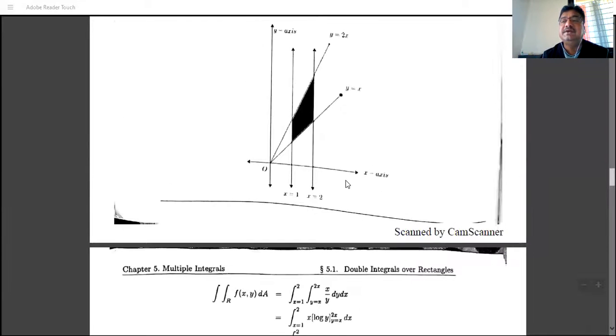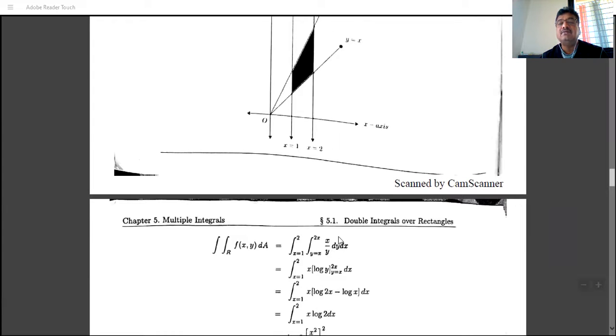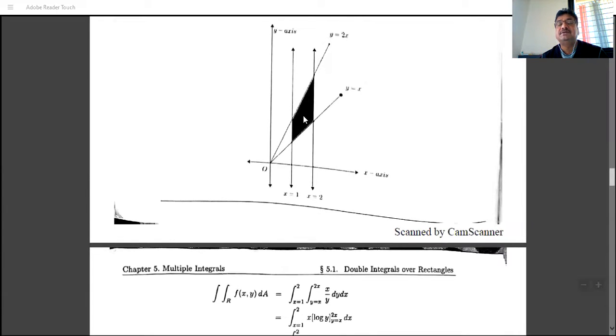We can also integrate this with respect to x first instead of y. To integrate with respect to x first, draw a strip parallel to the x axis, like this horizontal strip.